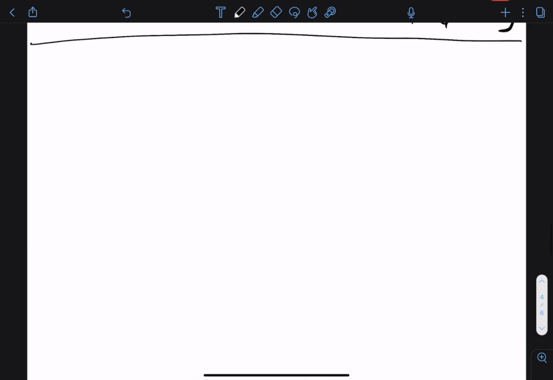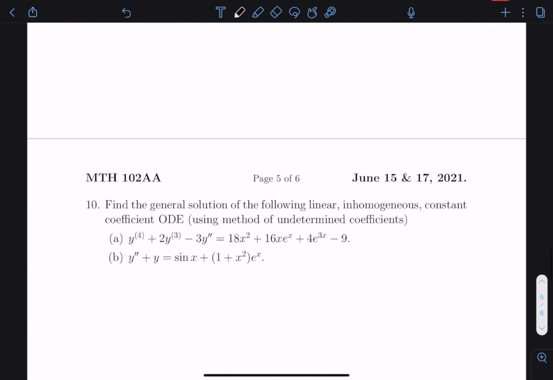So let's do 10a. In 10a, what is given to you is a fourth order constant coefficient ODE, and then there is a right hand side.